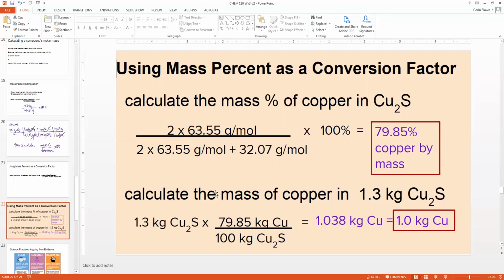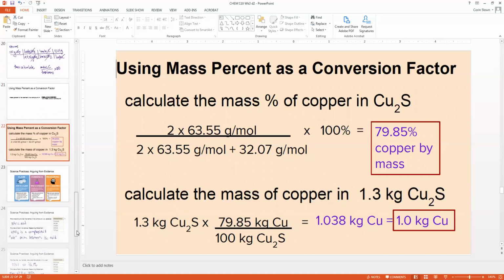Well, what if you had 1.3 kilograms of copper sulfide? Then you could multiply it by this ratio, 79.85 per 100 kilograms of copper sulfide, and that would give you the amount of copper in kilograms. And again, if you were paying attention to your sig figs, you would have 2 sig figs.